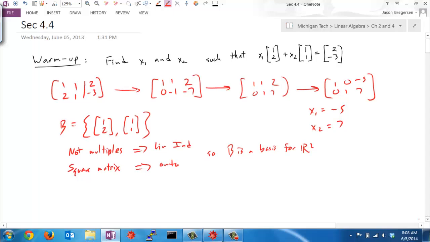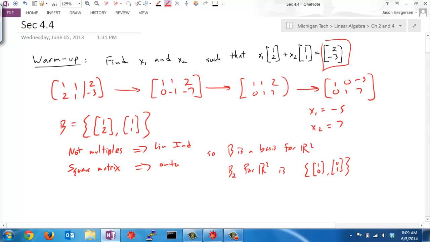Now that we have a basis, we can talk about different elements in our vector space in terms of the basis. A very familiar basis, I'll call it B2 for R2, is (1, 0) and (0, 1). This is the standard basis. When I talk about vectors in R2, any random vector like (2, -3), I always talk about it in terms of the basis.